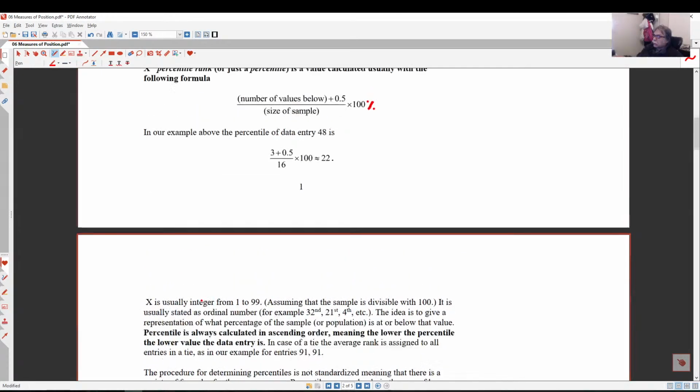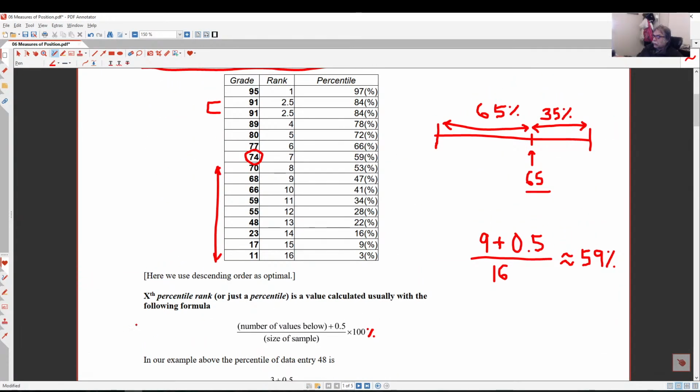And if I count 8 items from the bottom up, I get 1, 2, 3, 4, 5, 6, 7, 8. 68. You see, you could easily go with 70 because this one is actually 47% rather than 50. So the calculation is an approximation. 70 could be possible.